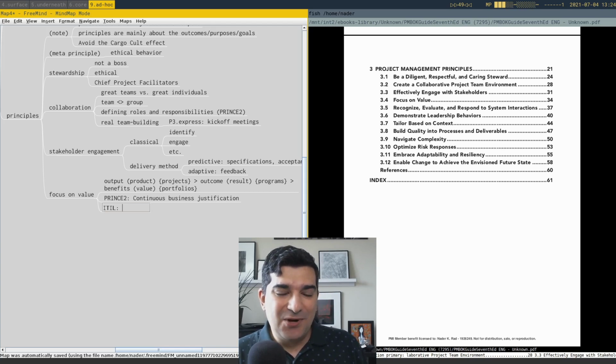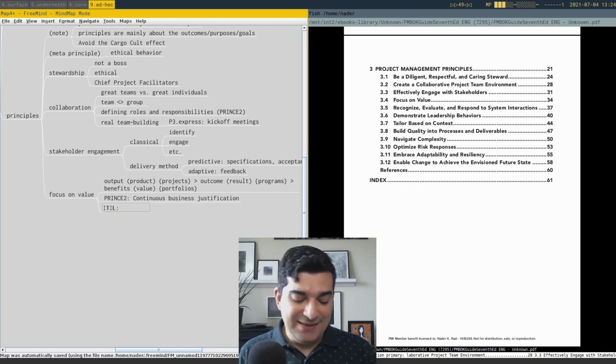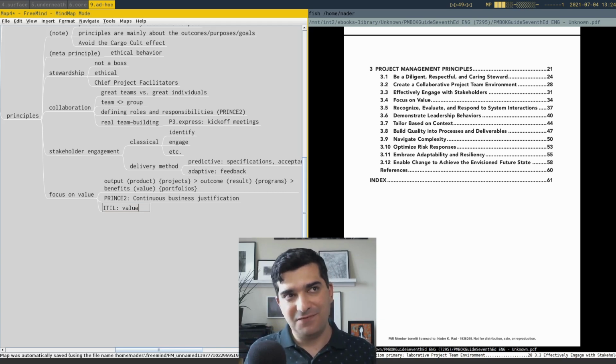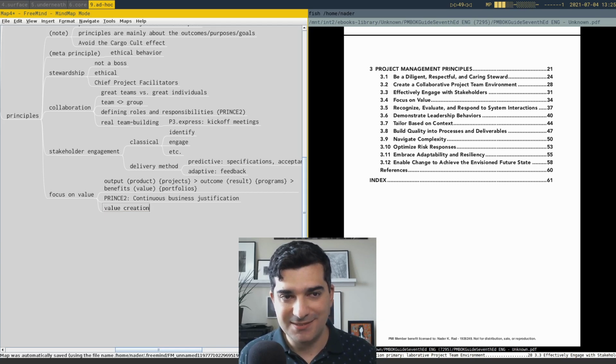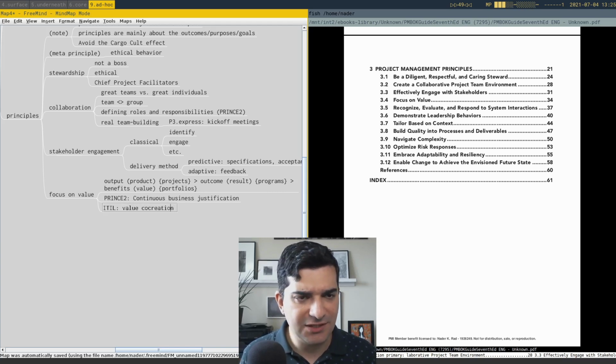And there was this part where he explained that ITIL has changed from thinking about value creation to something else. And that something else is value co-creation. Is it hyphenated? I don't know.